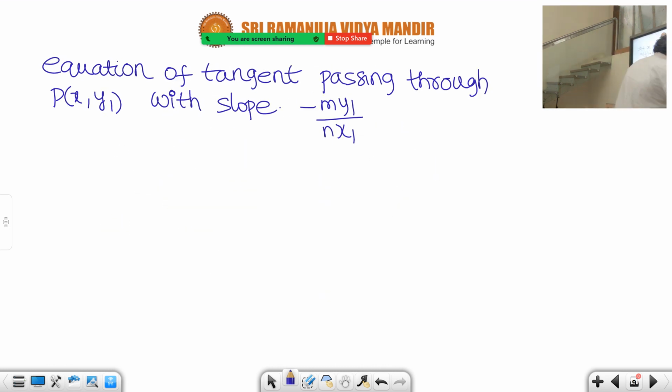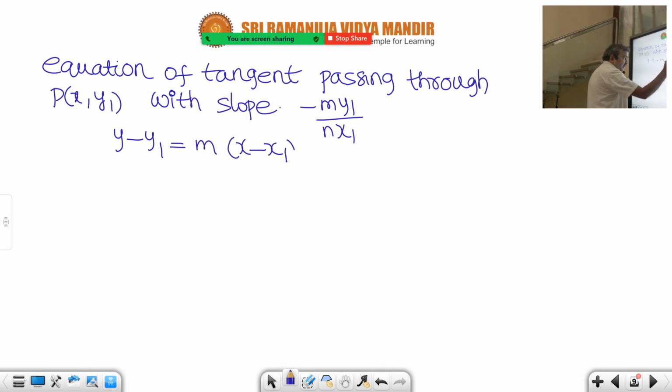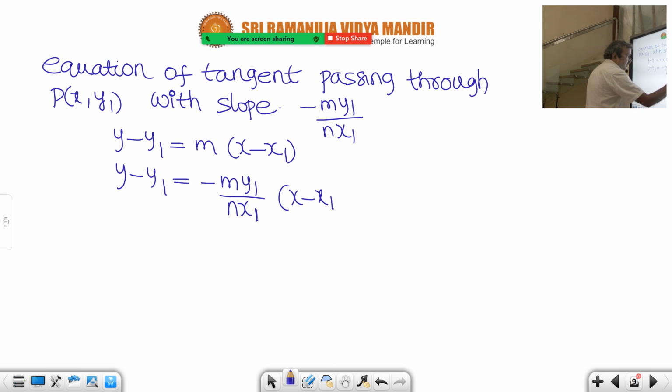Correct? Now from this, how to calculate this one? y minus y1 is equal to m into x minus x1, and after that y minus y1 is equal to minus m y1 by n x1 into x minus x1.